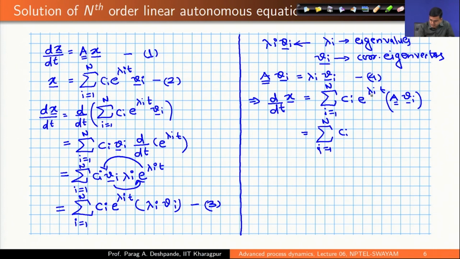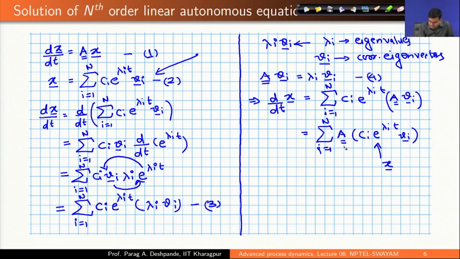In fact, I can take A out and now I can write A C i e to the power lambda i t and v i under bar. But what is this in the bracket? This quantity is nothing but x under bar, see here from equation 2.